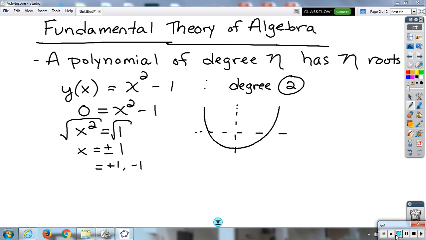Where it crosses the x-axis are the locations of these roots. So this is plus 1, this is minus 1. So this theorem of algebra states that if you know the highest power of your polynomial, then you also automatically know how many roots it must have.